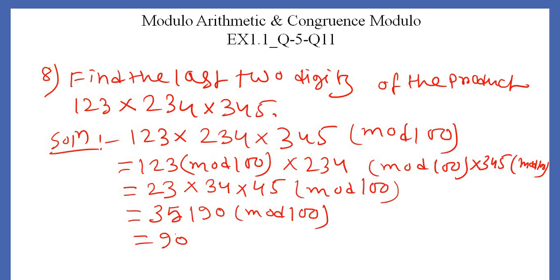This is similar to question number 6. Instead of giving the product of two numbers, they have given you the product of three numbers, and each of the numbers contains three digits here.